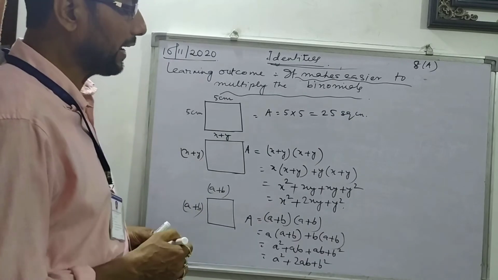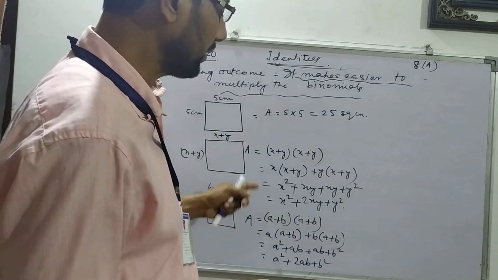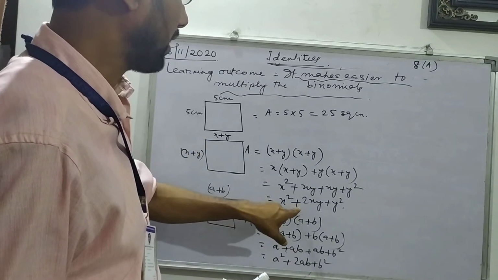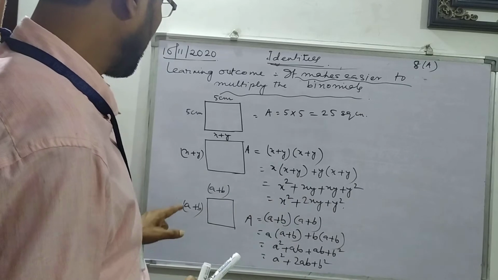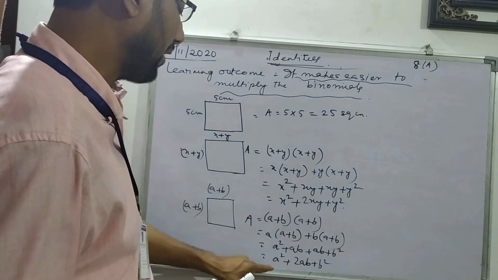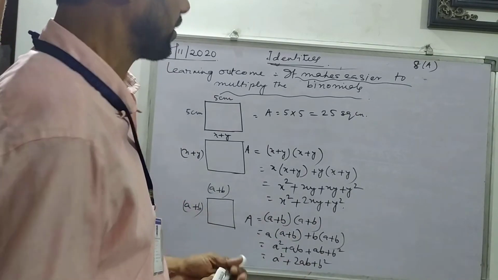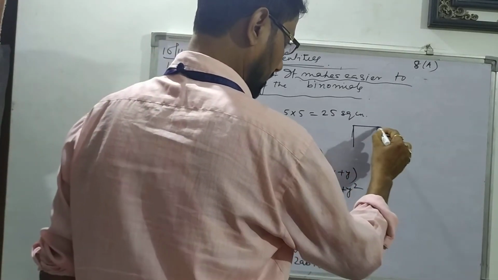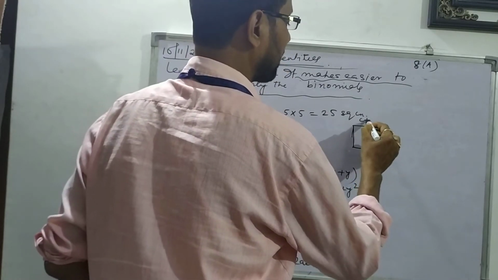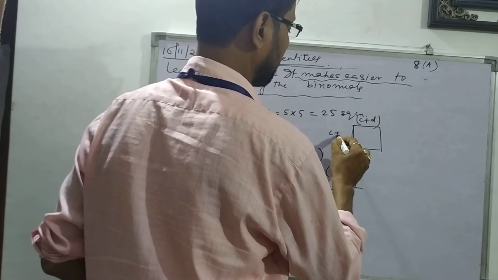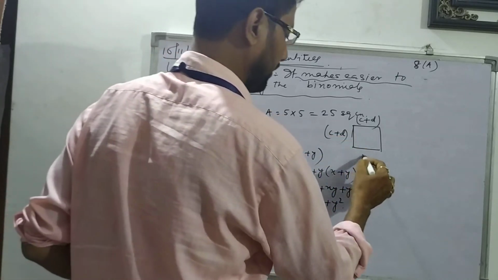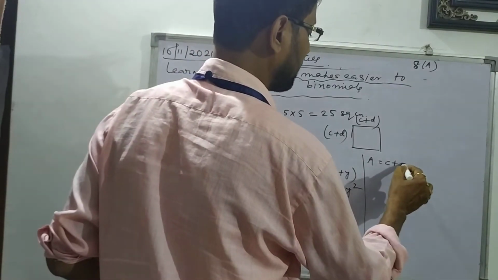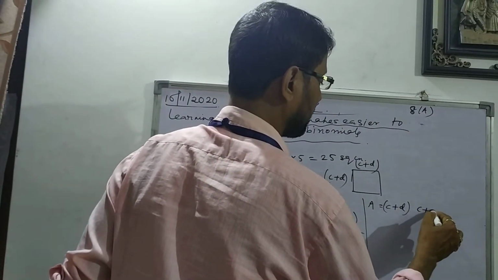So students, if we compare these two: when we multiply x plus y into x plus y, I got x square plus 2 into xy plus y square. When I multiply a plus b into a plus b, I got a square plus twice ab plus b square. Now let me take one more example, c plus d. This is the square, c plus d, and this is also c plus d. The area is c plus d multiplied by c plus d.